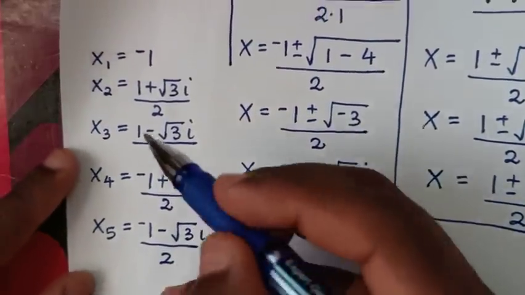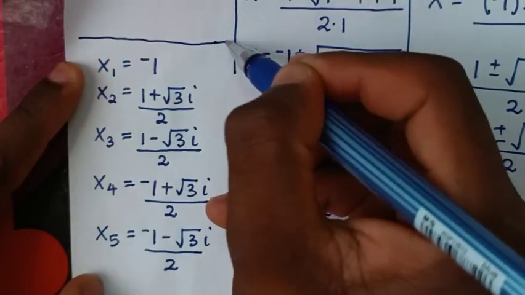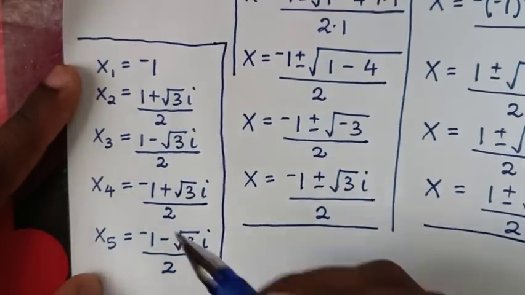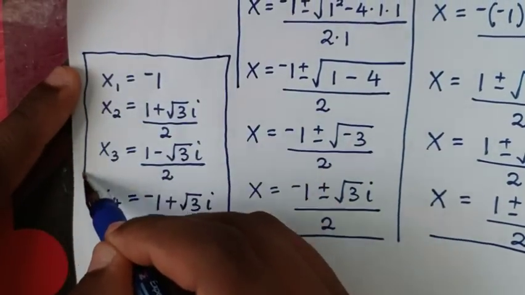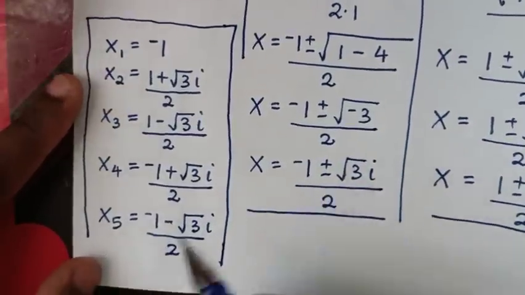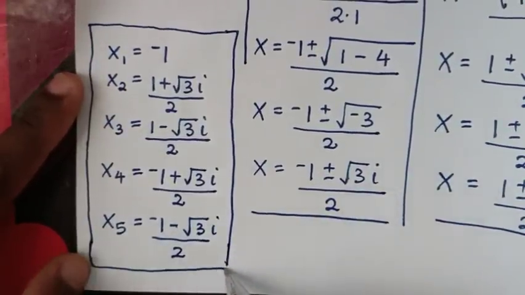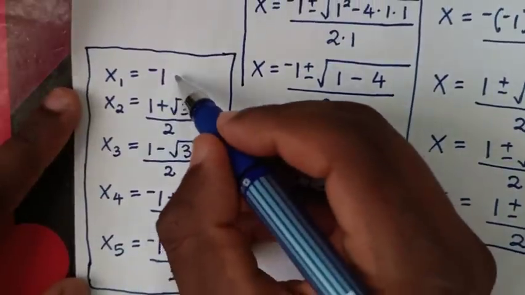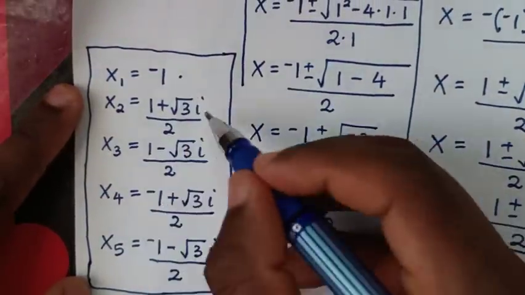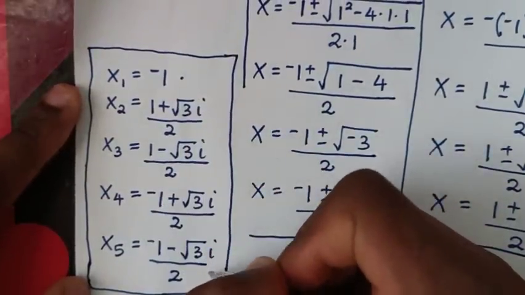So these are all the values of x in this our problem, whereas we have one real solution, which is -1, and 4 complex solutions.